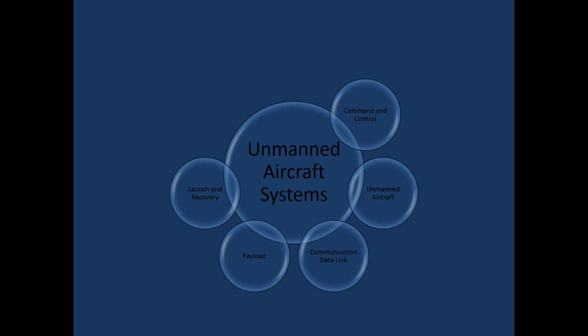That will be a dispensable payload. Other payloads are not dispensable. For example, if we're flying a LiDAR, which is a sensor that uses light measurements, some of these can be upwards of $100,000 or more. The last thing you want to do is be dropping that out. So we'll take a look at different payloads that aircraft can use.